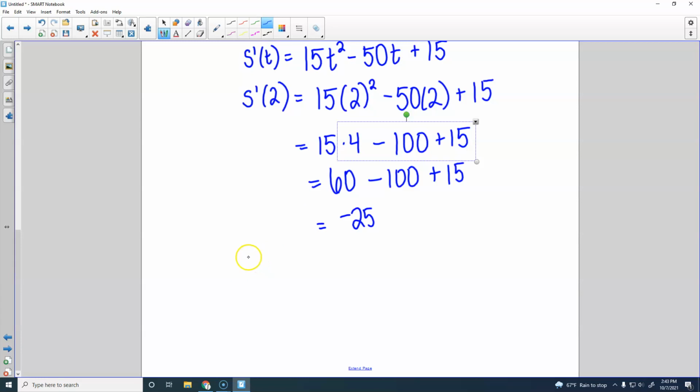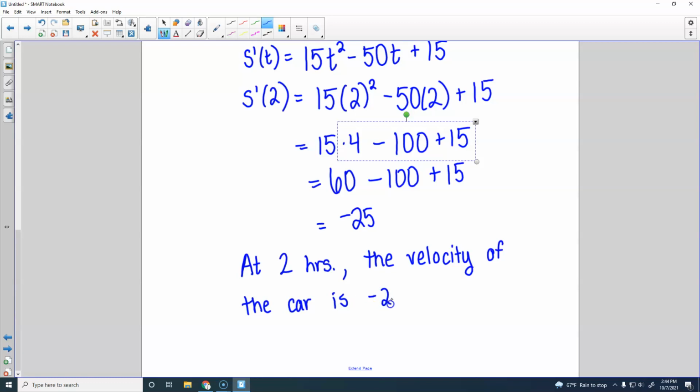That's good. All right, so we start the same way at 2 hours because we're still looking at 2, right? So what would we say about the car? The velocity of the car is negative 25 miles per hour.